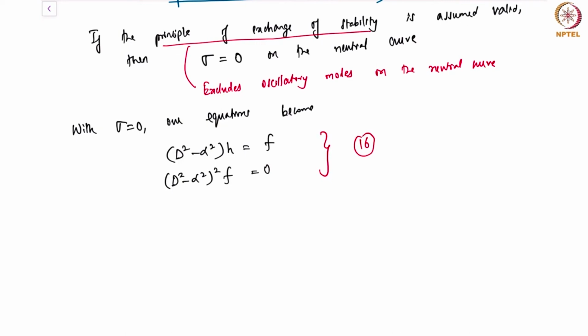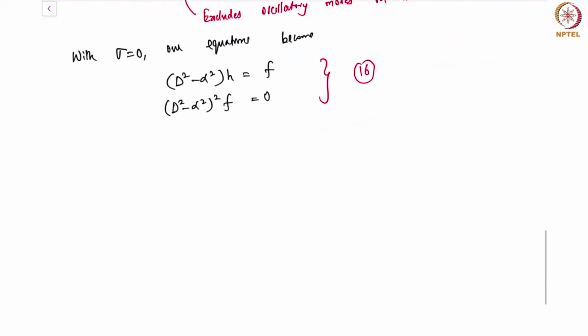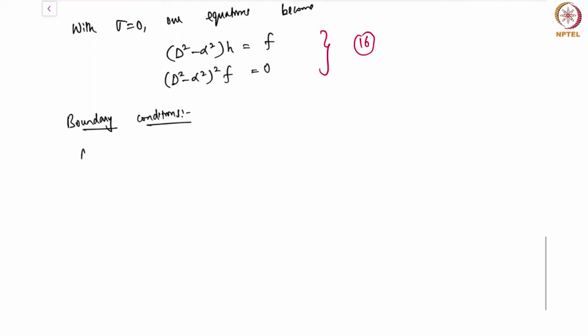Now, our next step is to determine the boundary conditions. Let's get the easy ones out. At z equal to 0, the perturbation velocities are all 0. This is the no-slip and no-penetration condition.